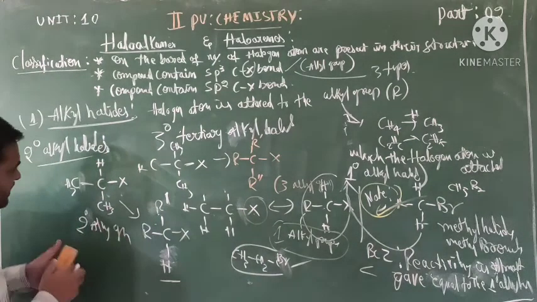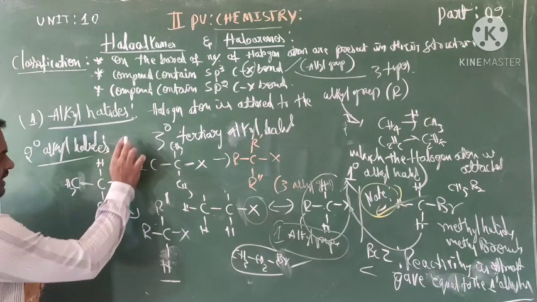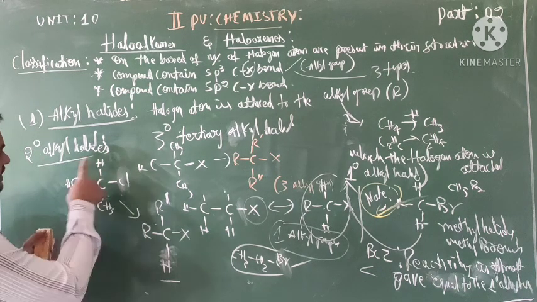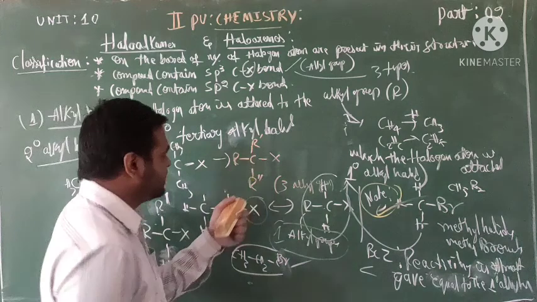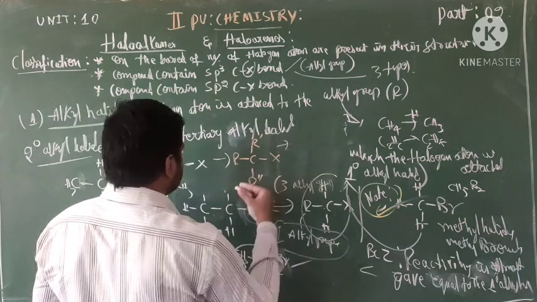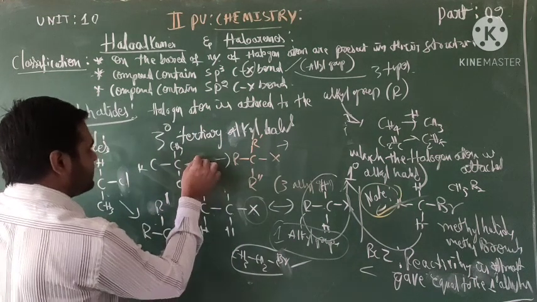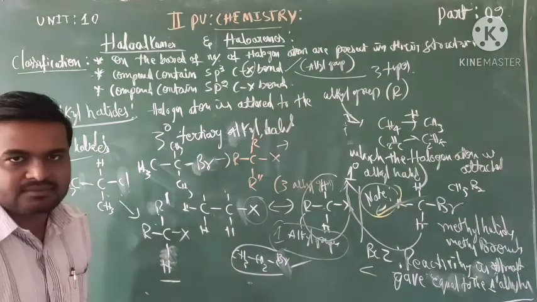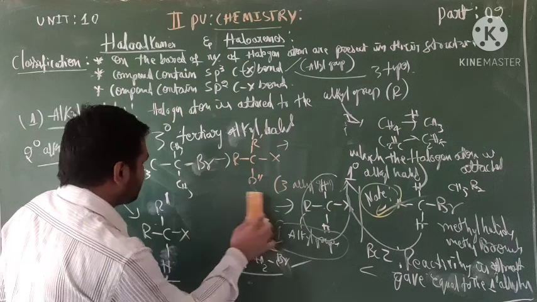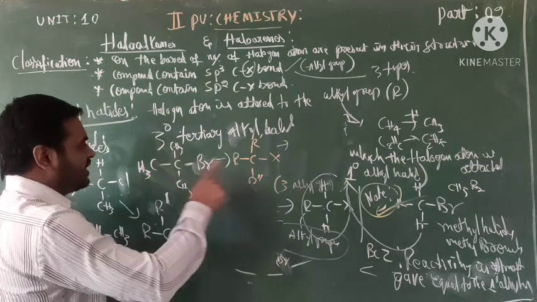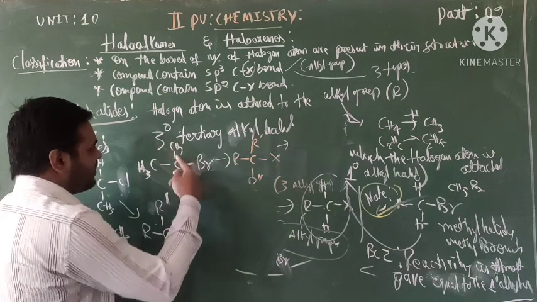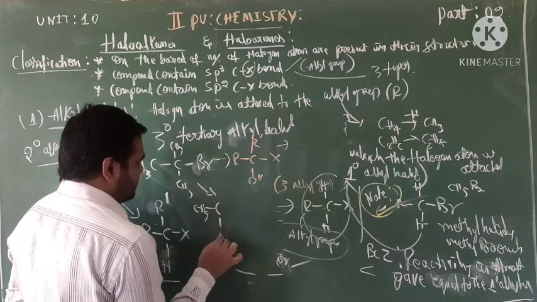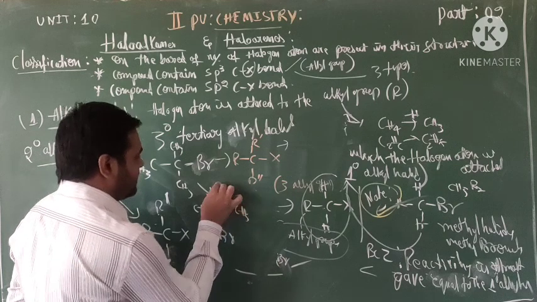Okay. Let me give some examples. One of the examples is here, the secondary alkyl halide with Cl. Okay. This is one of the examples. Either you write this one, forming Br. Okay. This is one of the examples. This is the longest chain, right. They can write it like this: CH3, Br, CH3 and CH3.